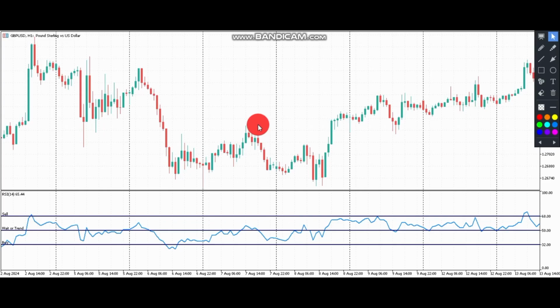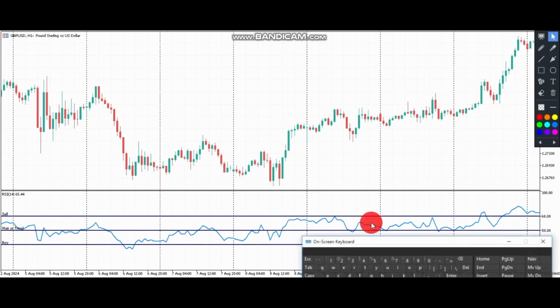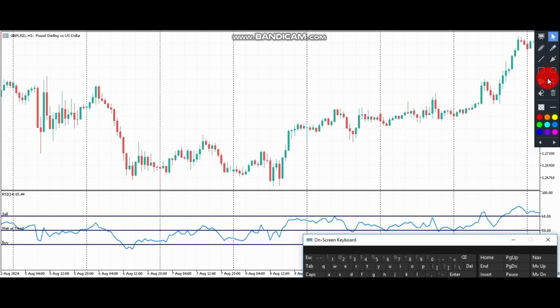Now, okay, let me write it for us. Number two says: select assets in harmony with the trend.